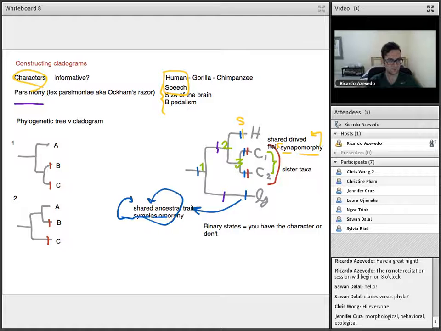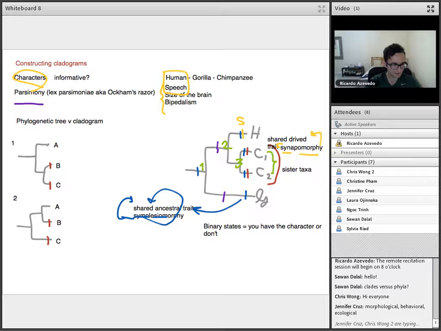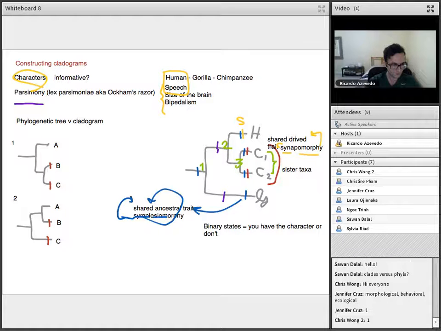All right, sorry. Okay, so let's say I have two trees. The second one is this. So we try to relate three different species. What happened?